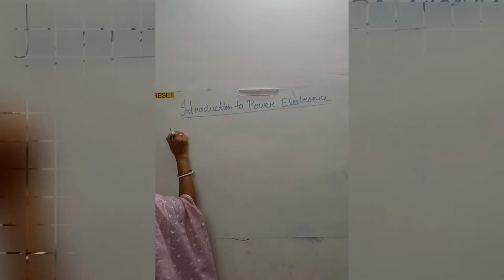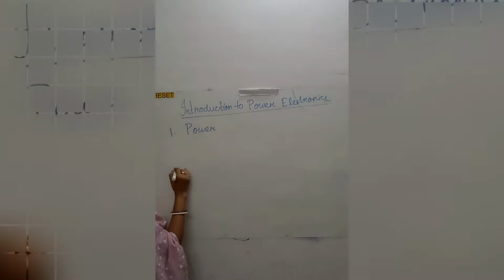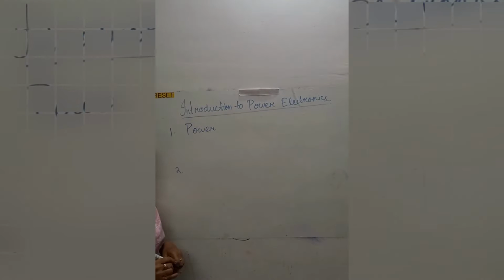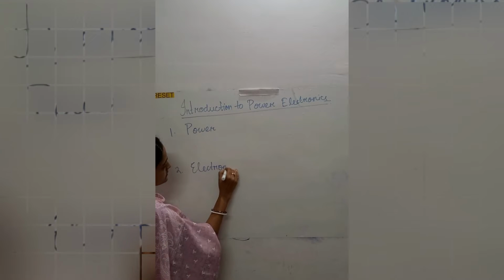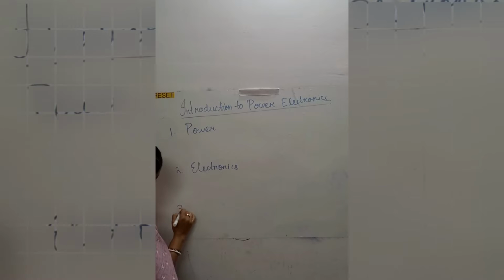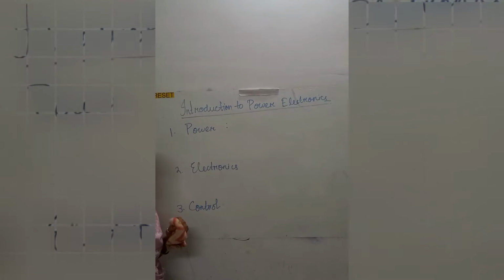One is power. Second comes electronics. And the third comes control. When we want to know about power, what does that mean?